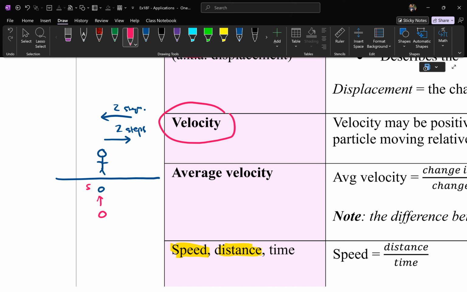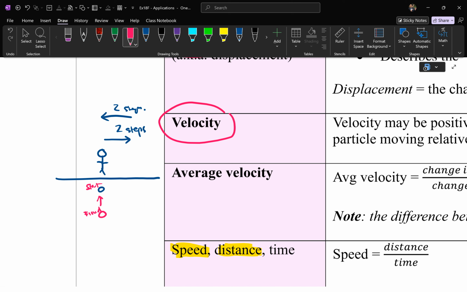So where I started and where I finished, still the same. So position talks about relative to a certain point. But have I moved? Yes, I have. I've technically burnt some calories. I've walked 4 steps. But in the position, it looks as if I haven't gone anywhere.